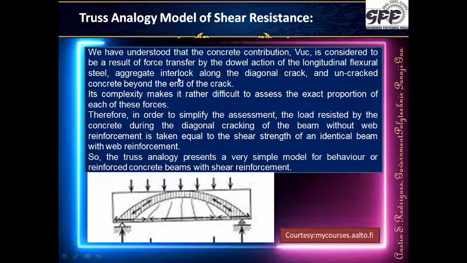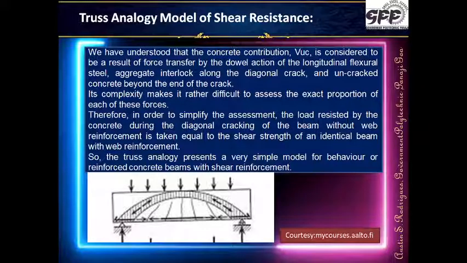Now moving further, we have understood that the concrete contribution VUC is considered to be a result of force transfer by dowel action of the longitudinal flexural steel, aggregate interlock along the diagonal crack, and the uncracked concrete beyond the end of the crack. This is what we have understood earlier, that the total VUC is made up of different parameters.